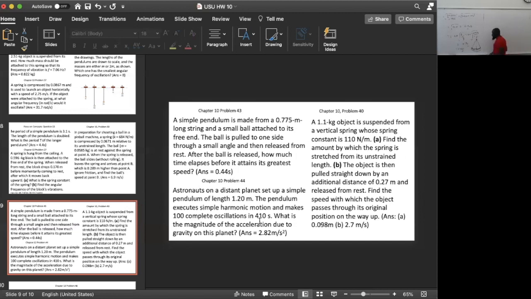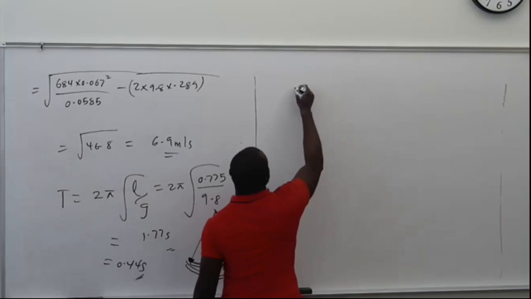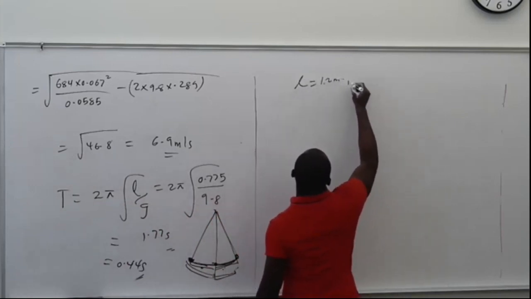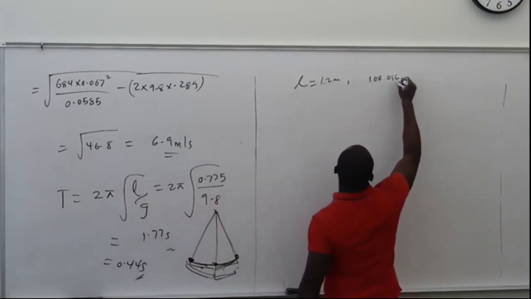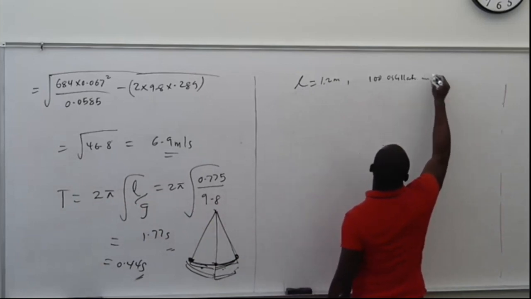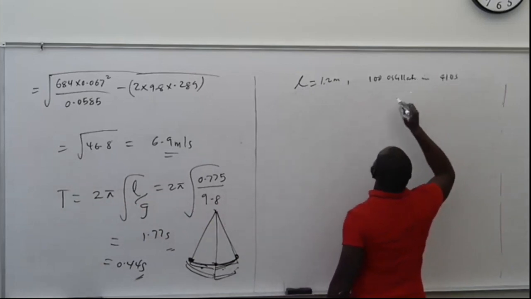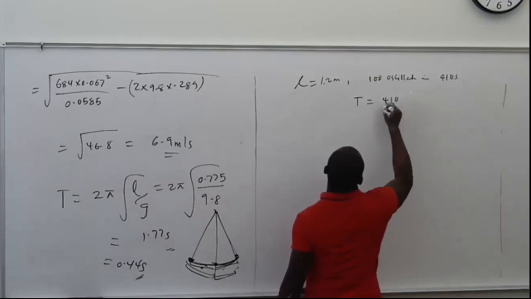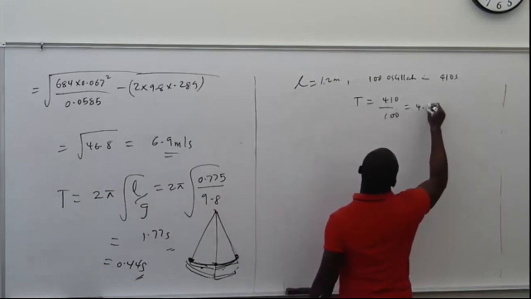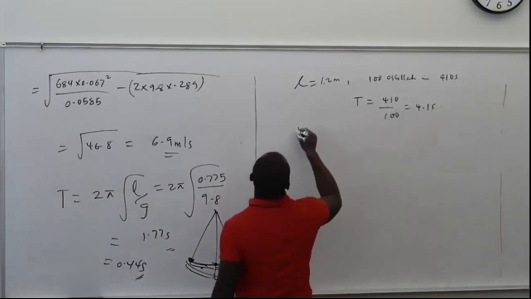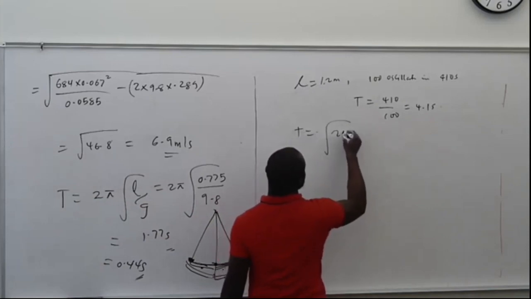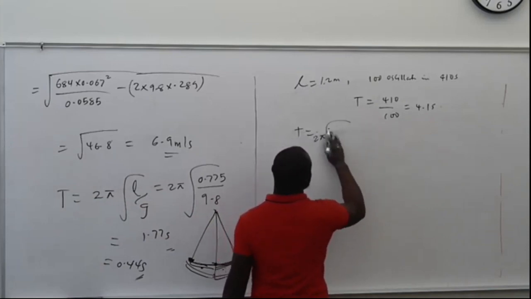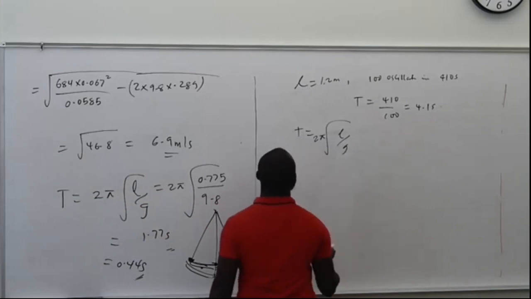Looks like you guys can't see me much, so let me stop sharing. So the length is 1.2 meters, and 100 oscillations in 410 seconds. So the period is 410 over 100, 4.1 seconds. And that period is 2 pi square root of L over g, whatever g is on that planet.